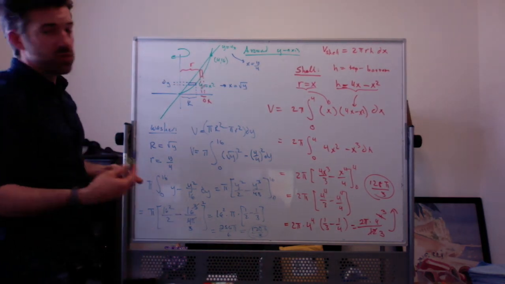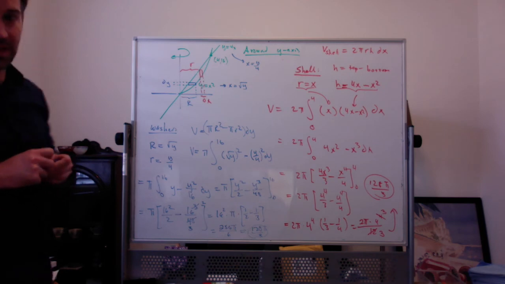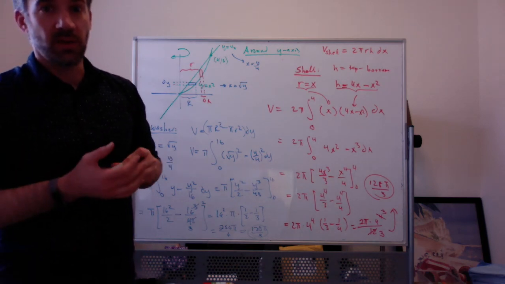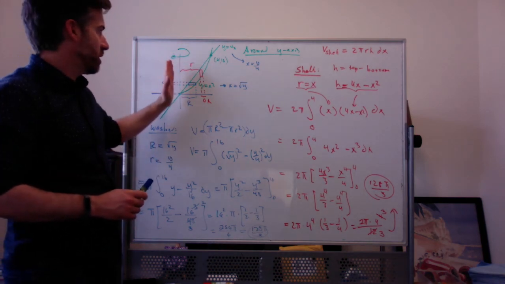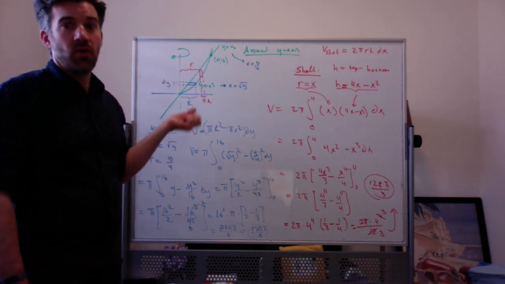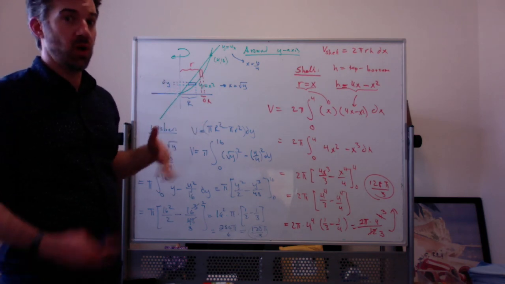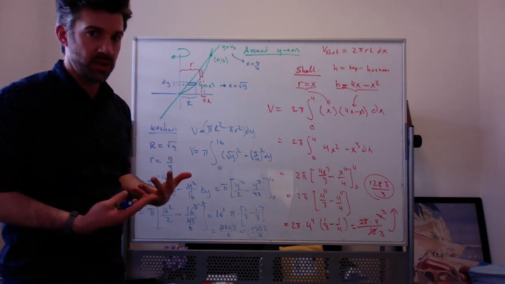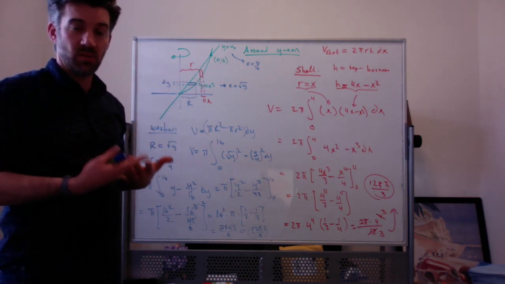So either way you do it, you should get the same result. It really just depends on how you want to do it. I'm going to say one more time: once you know the axis of rotation, you have to decide which kind of strip you're going to use. If you use a strip that's parallel, you automatically have to use the shell method. If you use a strip that's perpendicular, you automatically have to use the washer or disc method.